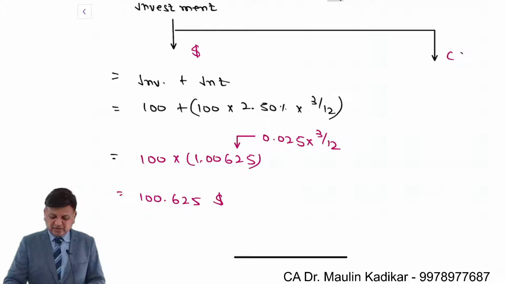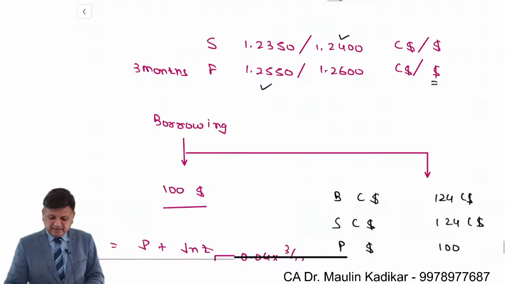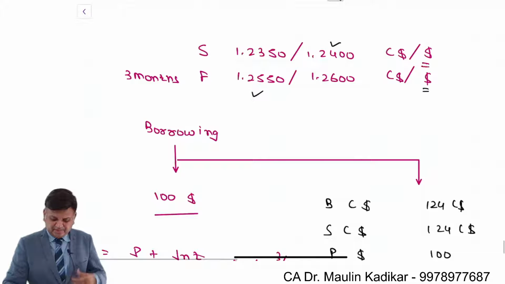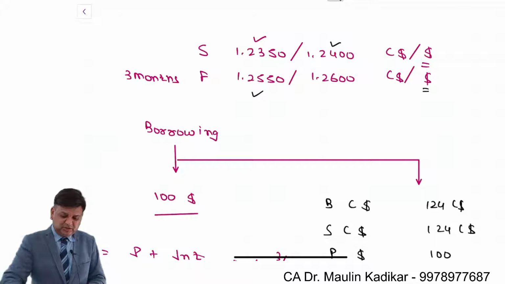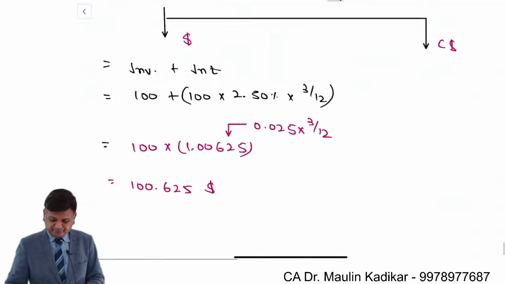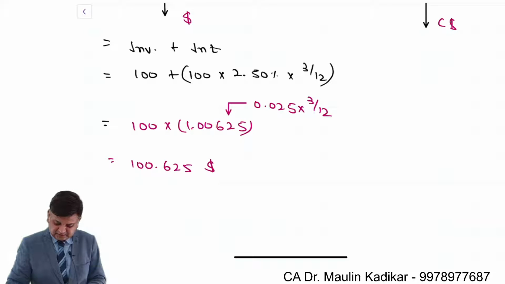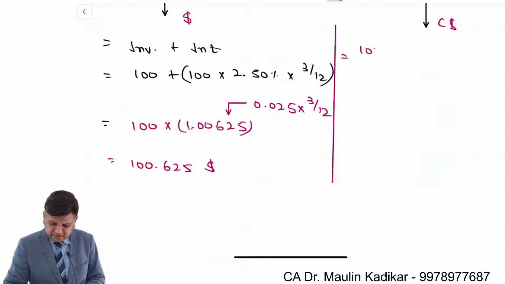If you invest in Canadian dollar, then let us understand. Now friends, if you invest in Canadian dollar, for every $1 you will get a lesser amount of Canadian dollar, so it is 1.235. This is the amount that you will get. So we start doing the answer like this: 100 into 1.2350.